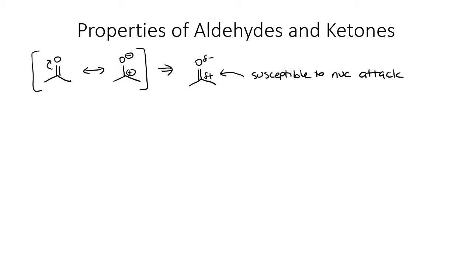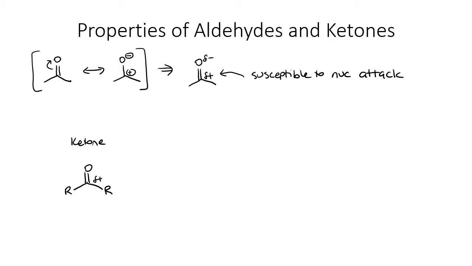Now, in comparing the reactivity of aldehydes and ketones, we want to consider the different groups attached to the carbonyl. So with the ketone, we have R groups attached. Now, R groups are carbon-containing groups, and we learned in chapter 18 that these R groups can be considered electron-donating groups or weakly activating groups.